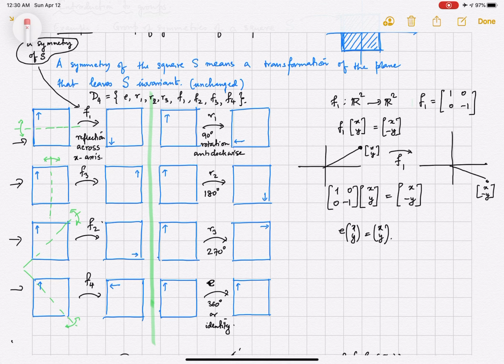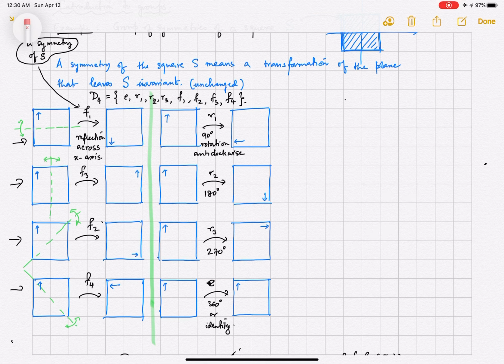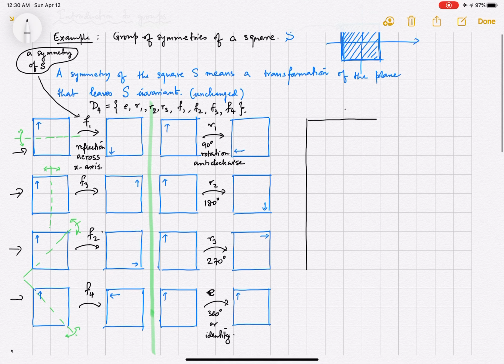So let's make some space here, and we'll make the multiplication table. So we have all the 8 transformations in front of us. So you write the 8 elements.